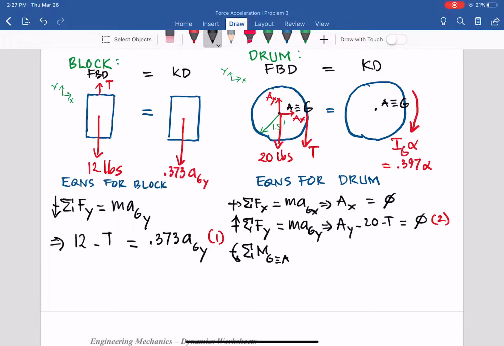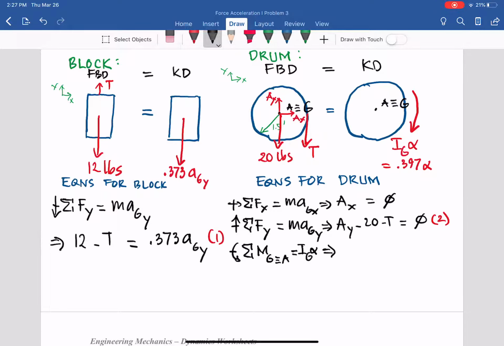What you have here is IG alpha. About G, Ax is 0, Ay is 0, and the 20 pounds is 0.